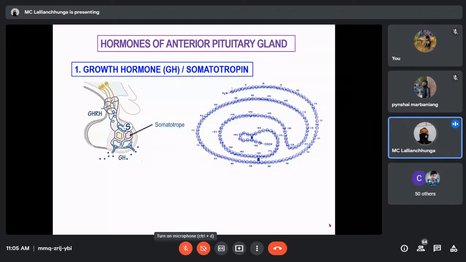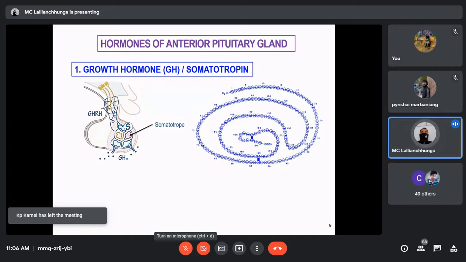You already know the relationship between hypothalamus and the anterior pituitary gland, and how hypothalamic hormones influence the anterior pituitary gland. That we have already discussed. Now we'll see what are those hormones produced by the anterior pituitary gland.